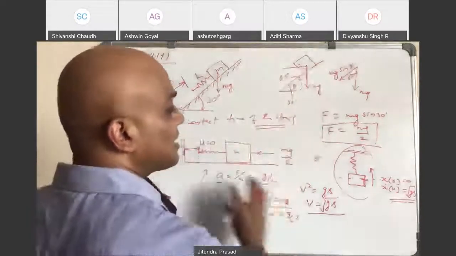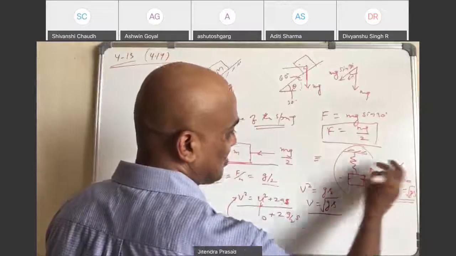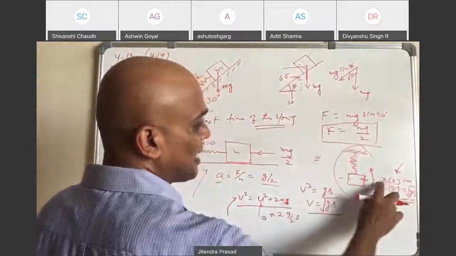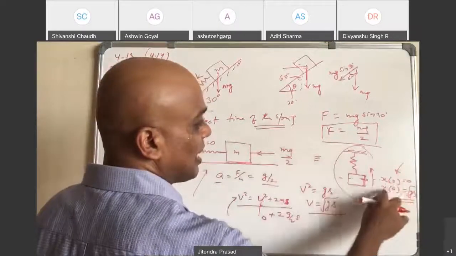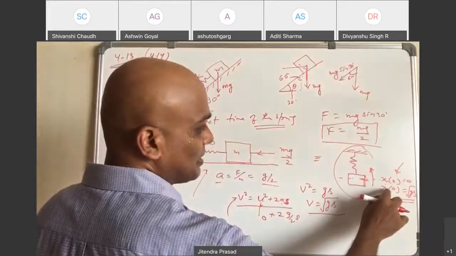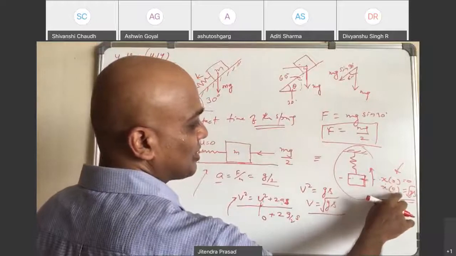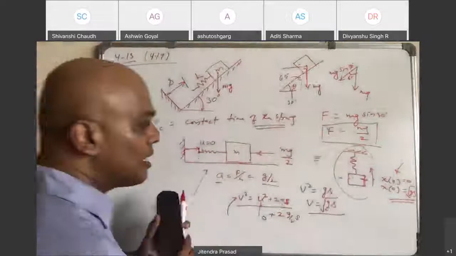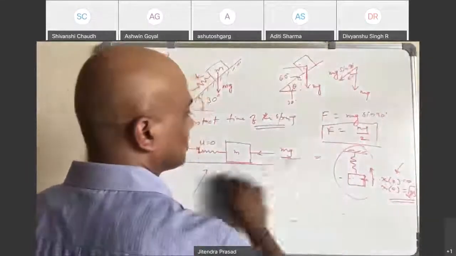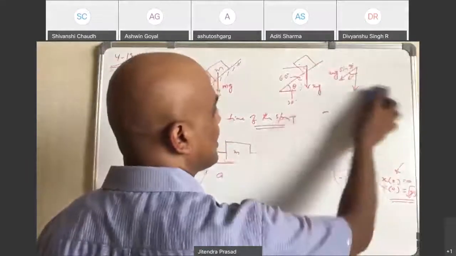And once we have this data, we prepare the data here. Finally, we have this system where at t equal to 0, we have 0 displacement, and at t equal to 0, we have x dot equal to root gs, and all others are now irrelevant. So we don't need that.